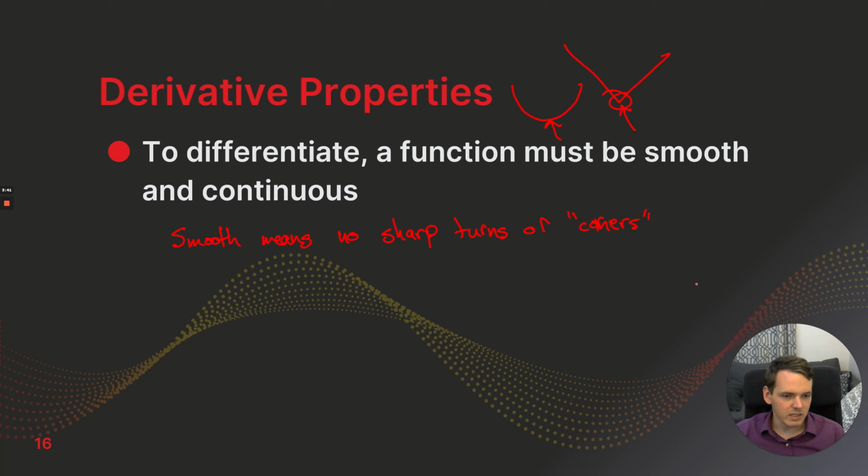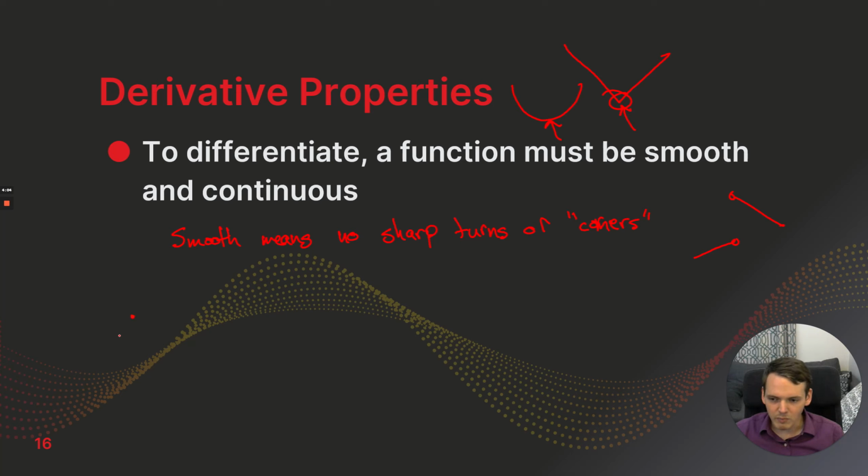It's also got to be continuous because if you've got something like this, you can't define the derivative here because the function has this jump in it. It doesn't make sense to talk about the slope here because it's not continuous. So in order to differentiate, a function must be smooth and it must be continuous.